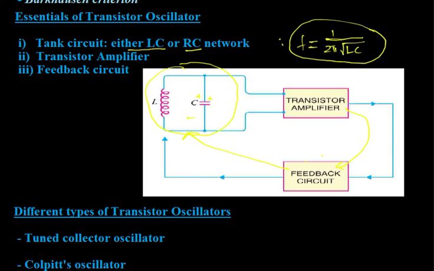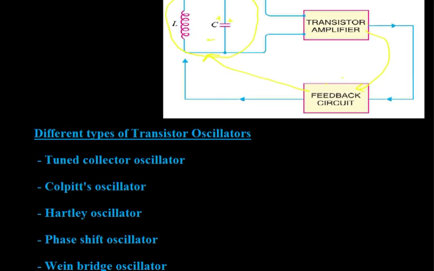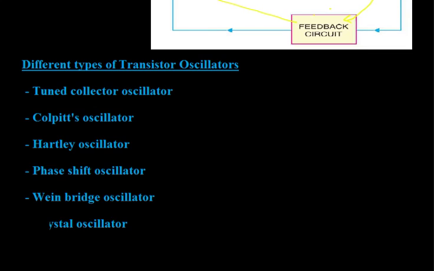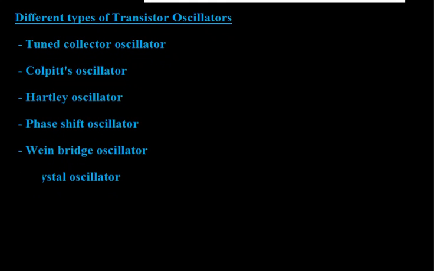Now let's discuss the different types of practical transistor oscillators. I told you either we can use an LC network or an RC network to produce the oscillations, and we have discussed the LC network. We will discuss the RC network later. Before that, we will introduce some of the different types of transistor oscillators.